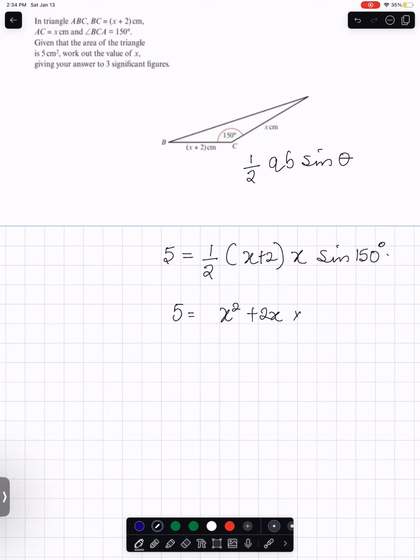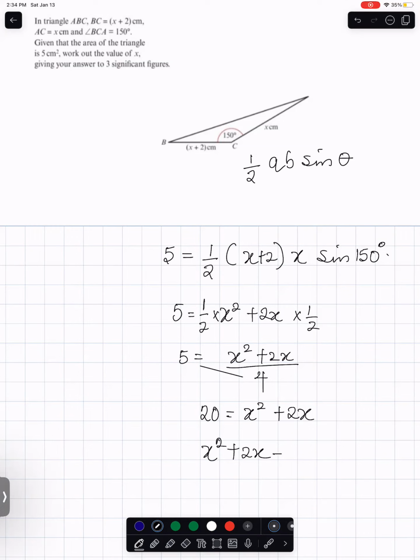Sine 150 is 1/2. Remember our 1/2 here. So I have 5 equals x squared plus 2x, and 1/2 multiply 1/2 is equal to 1/4. So we have 4 there. So cross multiply. So I have 20 equals x squared plus 2x. Rearranging, we have x squared plus 2x minus 20 equals 0.